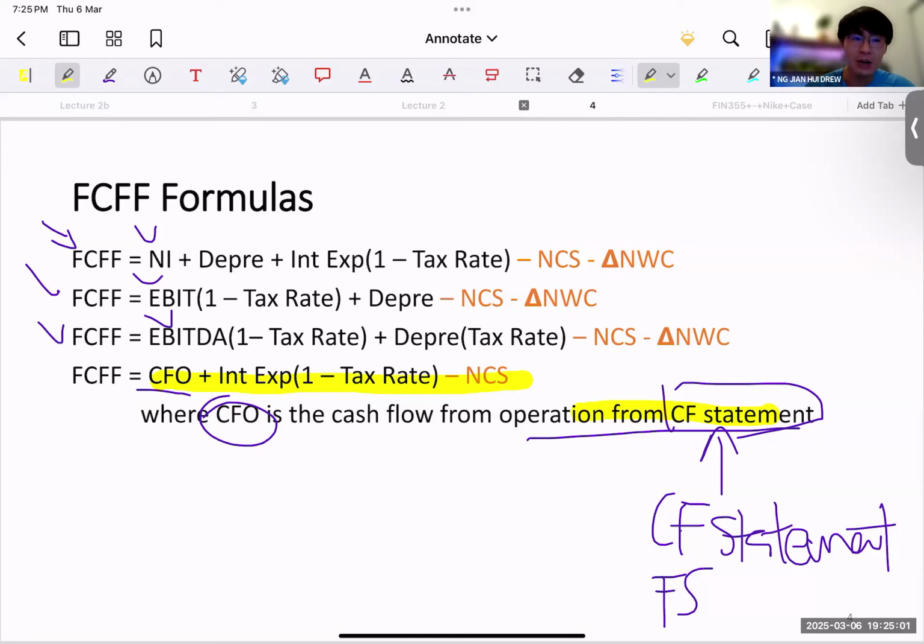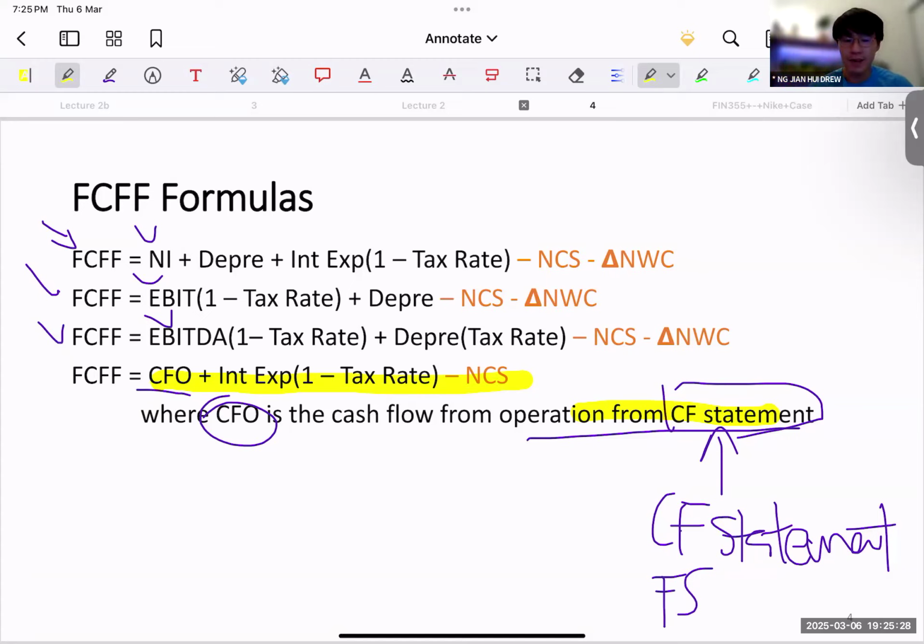Without going into the detail, because I know most of you are not accounting students, there are two methods of presenting a cash flow statement. One is to start off with your net income and then add in all the details to eventually get your cash flow statement. Or there's another method where you include all the so-called journal entries.